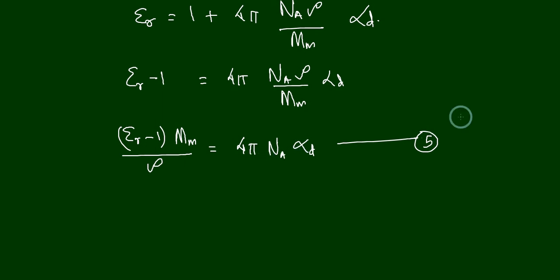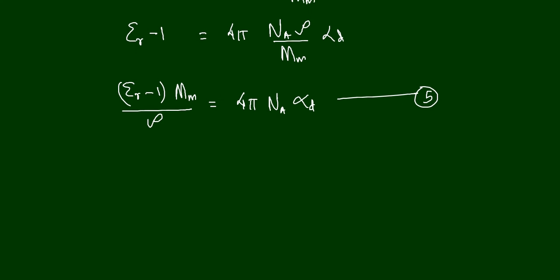Alpha d, for a particular substance, is a constant. Alpha d is a constant because that is the distortion polarizability, and that depends upon the property of the substance.